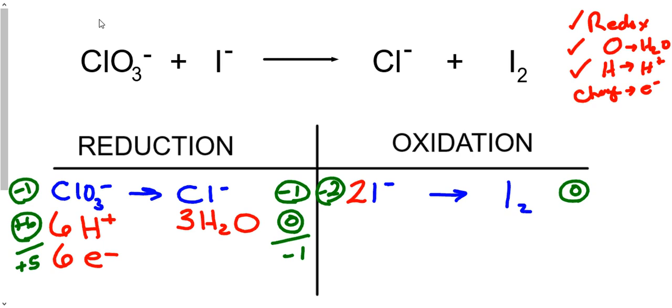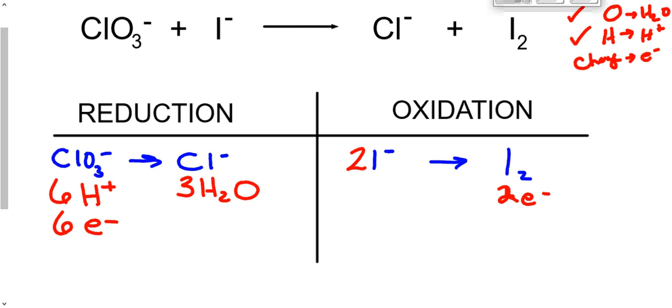So to bring that down, I'm going to need to add 2 electrons, because 0 and -2 is -2 on the product side. I now have -2 on the reactant side. Now the total charge before and after is equal. So at this point, I want to get rid of these little green numbers, because I was just trying to show you my thought process for figuring out the total charge before and after.